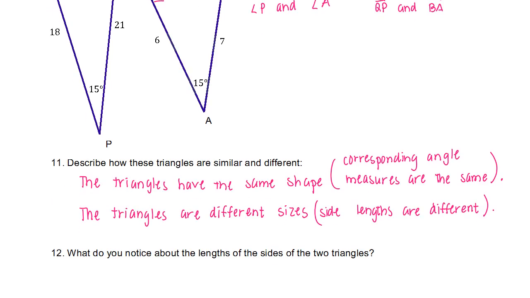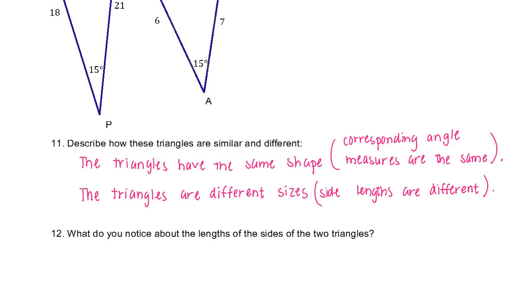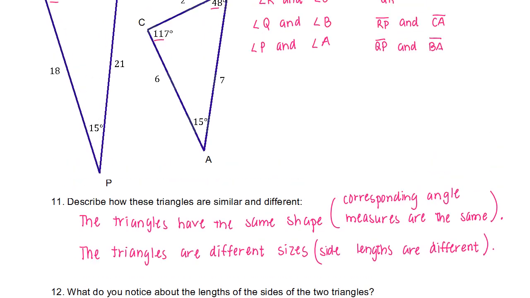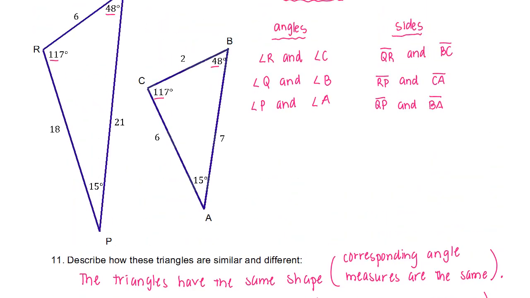Okay, so number 12, as promised, what do you notice about the lengths of the sides of the two triangles? If I scroll back up real quick and we look at those two triangles, not sure if anybody noticed, if we look at the corresponding sides, that 18 in the larger triangle and 6 in the smaller triangle are corresponding sides, and in the smaller triangle the measure is 1/3 of what it is in the larger triangle.